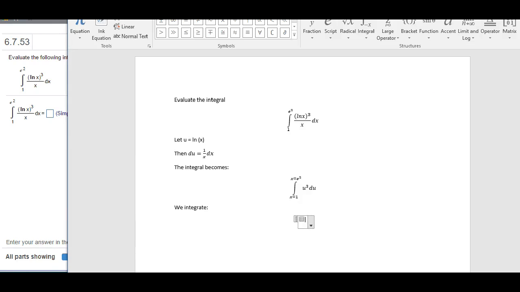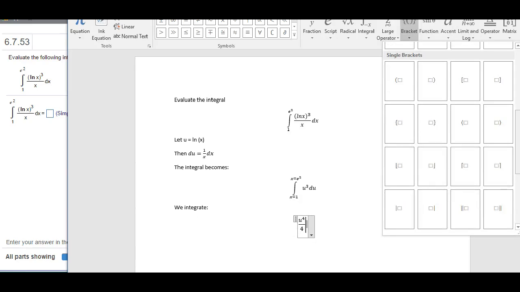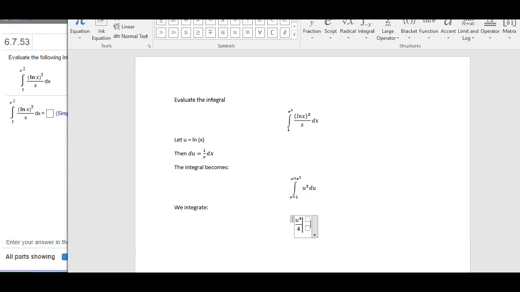Okay, fraction here. So u to the 4th over 4. Go back and change this to an exponent. And then we're going to evaluate this from x equals 1 up to x equals e squared.